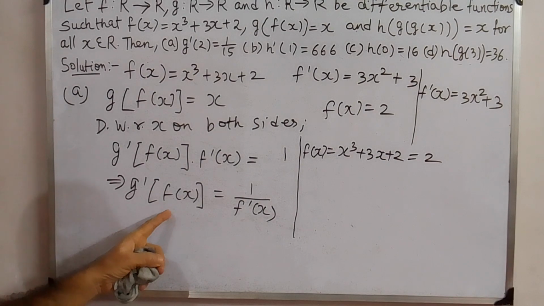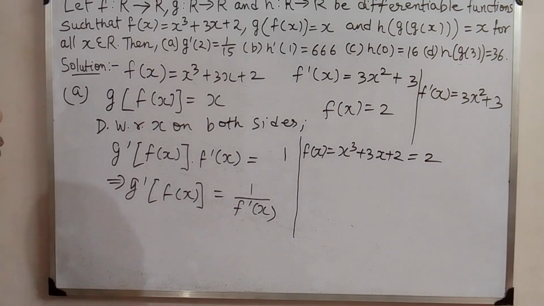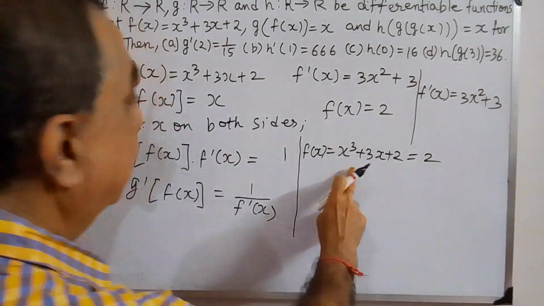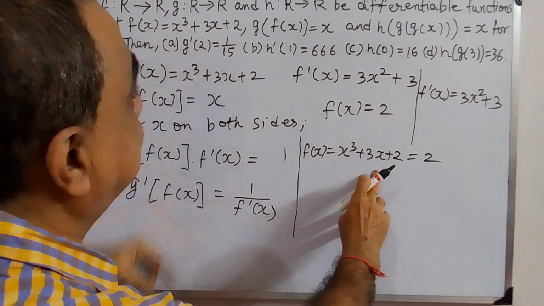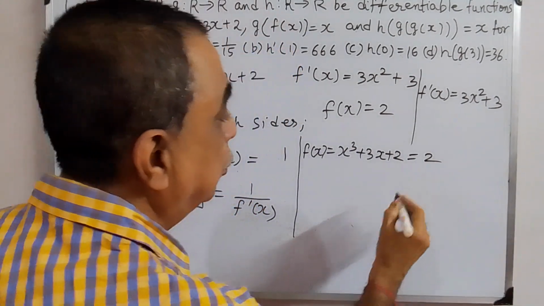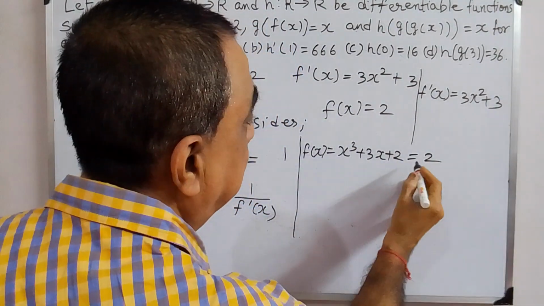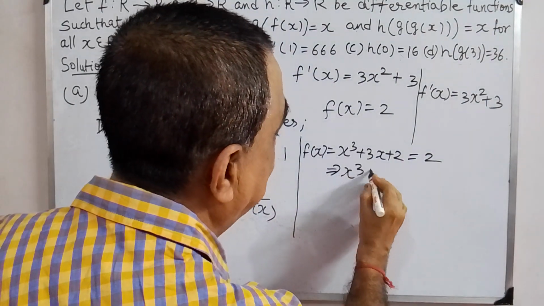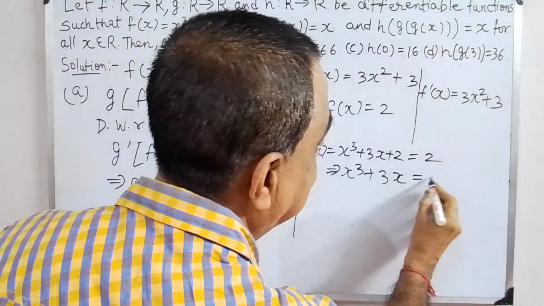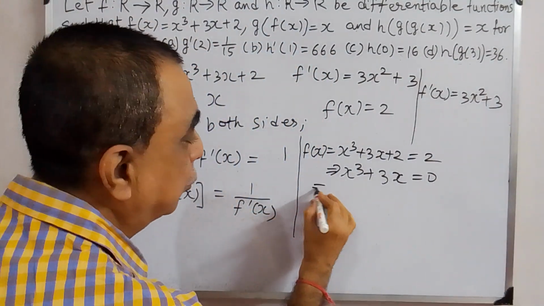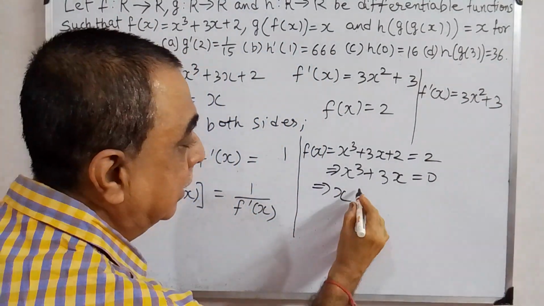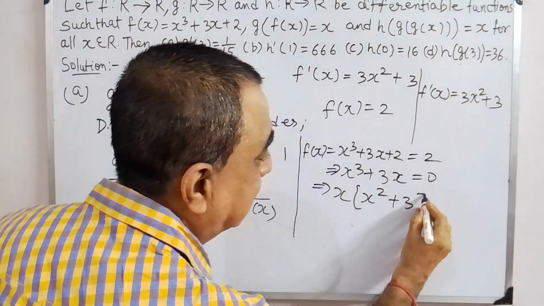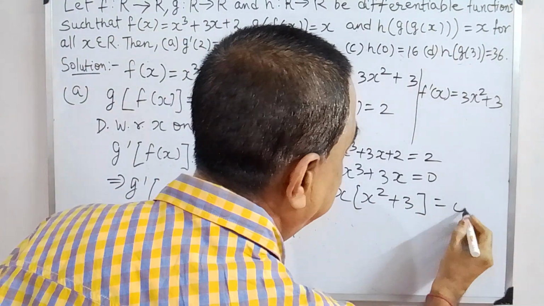So here 2 and 2 will cut out from both sides, and we will get x cube plus 3x is equal to 0. Now solve it. Taking x common, this will become x times x squared plus 3 is equal to 0.